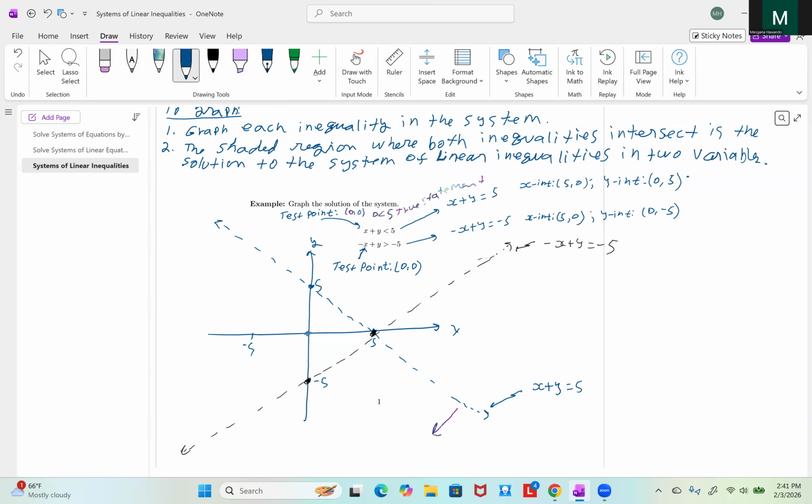A point on the line cannot be a test point. So we plug in 0 for x and 0 for y. We get the statement 0 is greater than negative 5. This is a true statement.